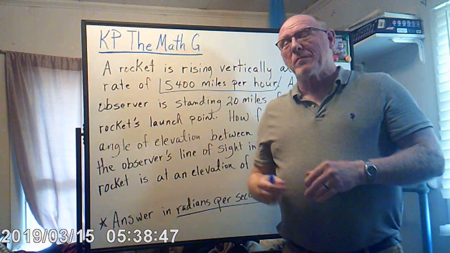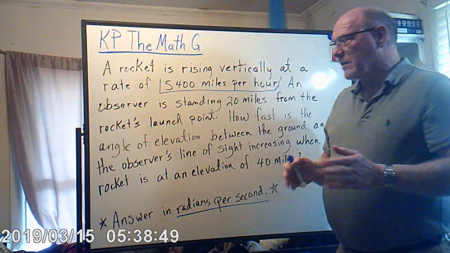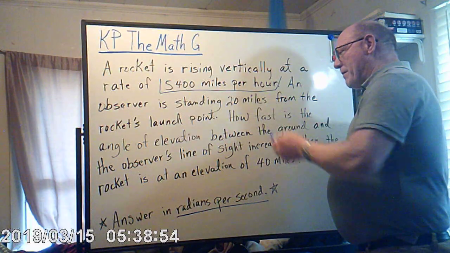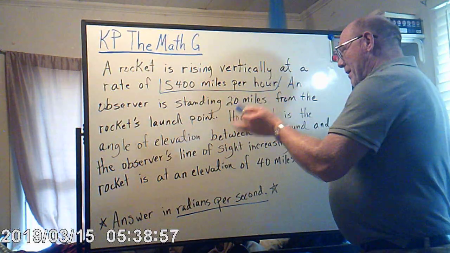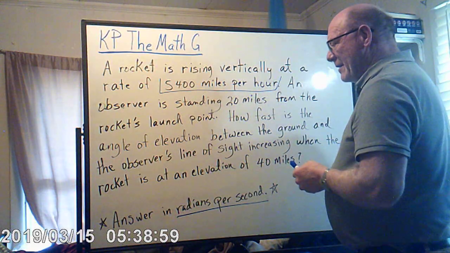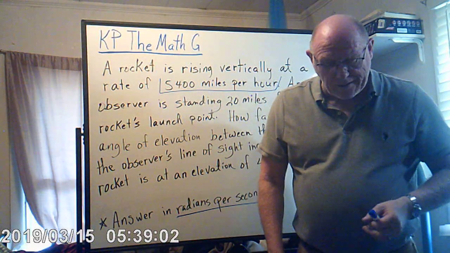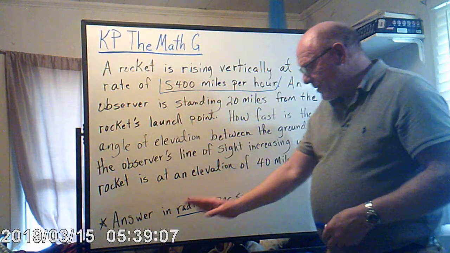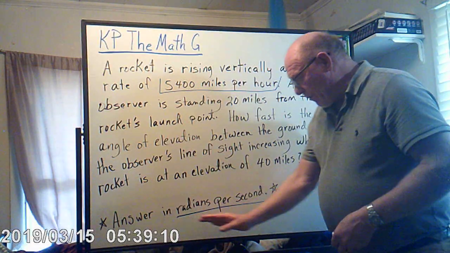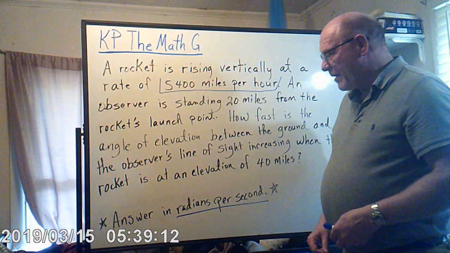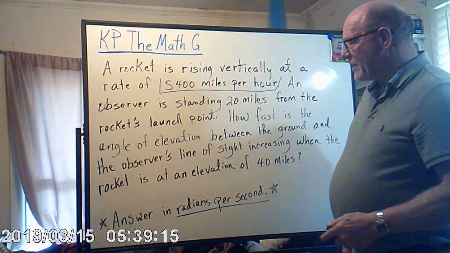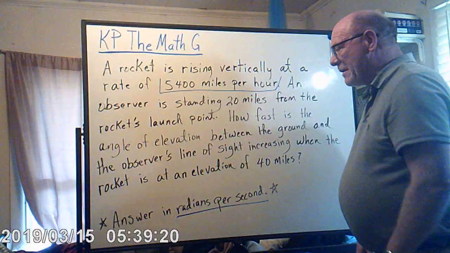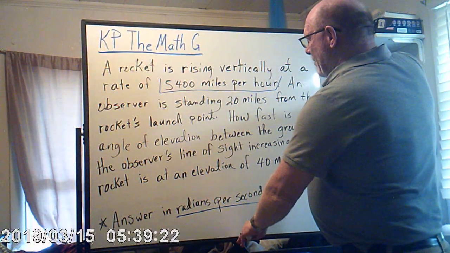Maybe on the test you're going to take, you may not have to make a revision from miles per hour to miles per second. In this particular case, we're going to have to get this in seconds. So you have to understand what the answer is calling for. Let's paint a picture first before we get into all this changing from one thing to another. We're going to have to go back and forth, I'm sure.